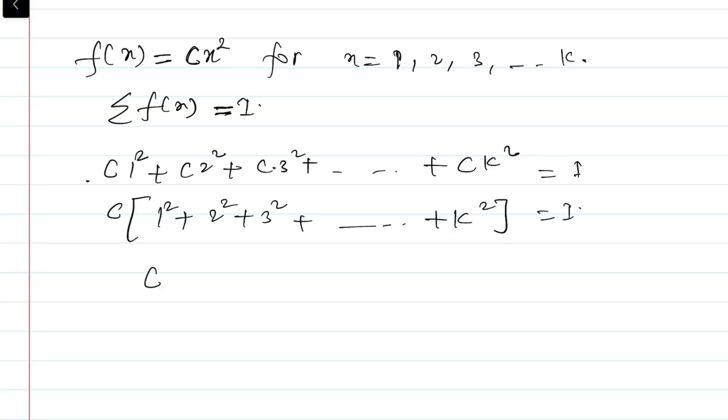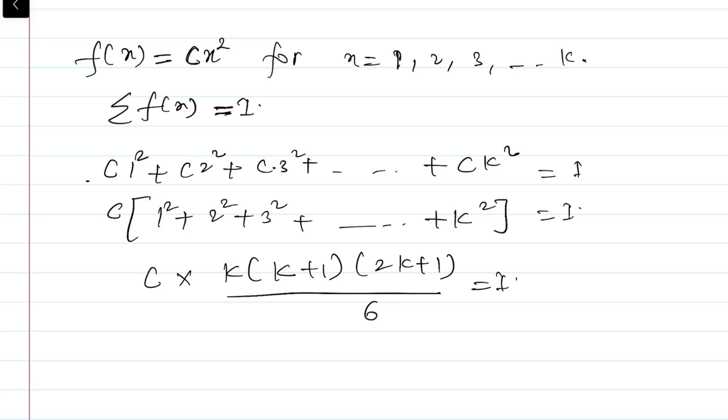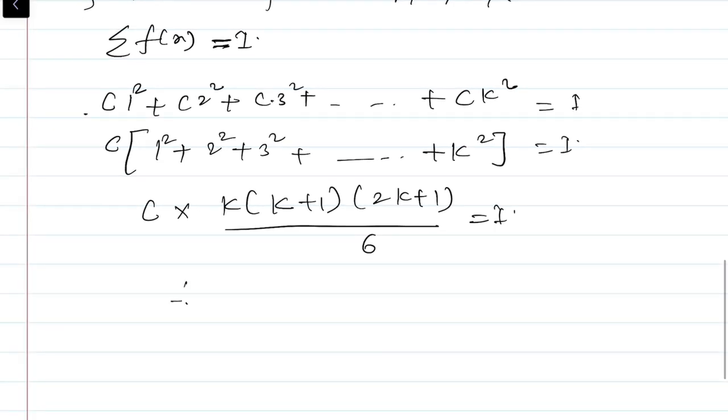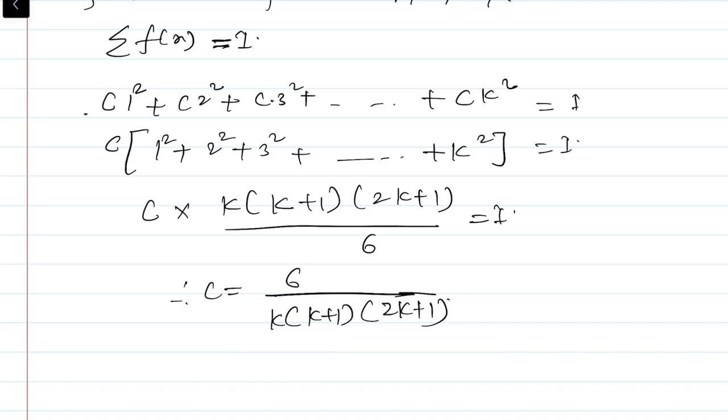Now you know the formula for this. This is simply k times k plus 1 times 2k plus 1, whole divided by 6, equals 1. So the value of c is simply 6 divided by k times k plus 1 times 2k plus 1. All right. So this is all about the discrete random variables. Now let's move on to the continuous random variables.